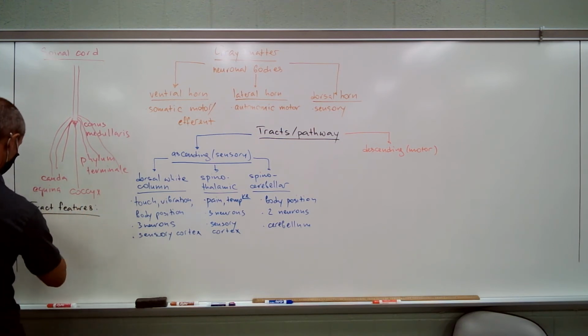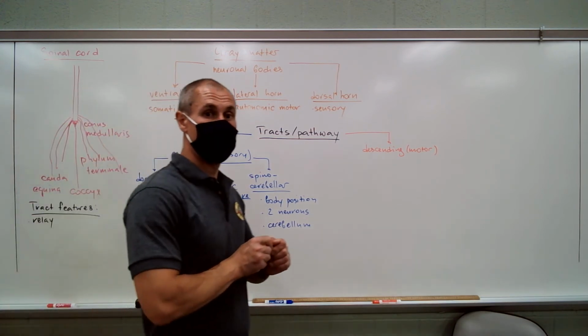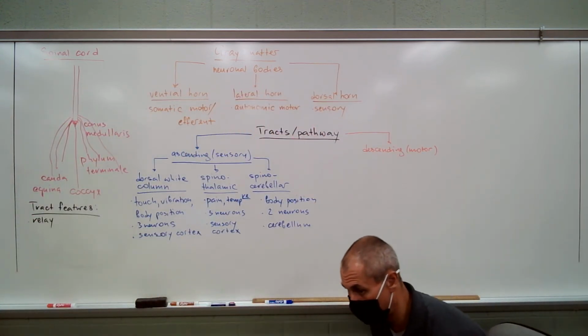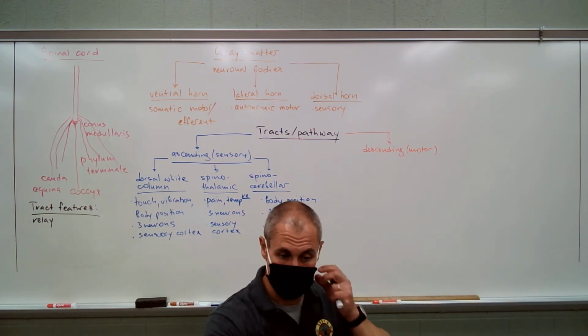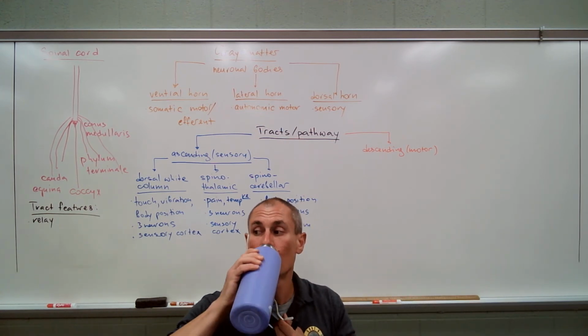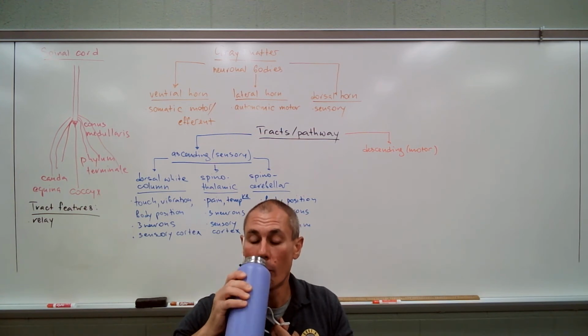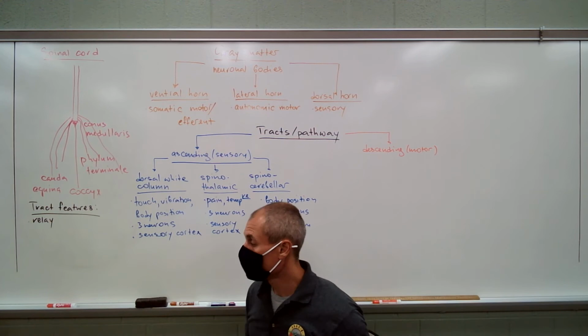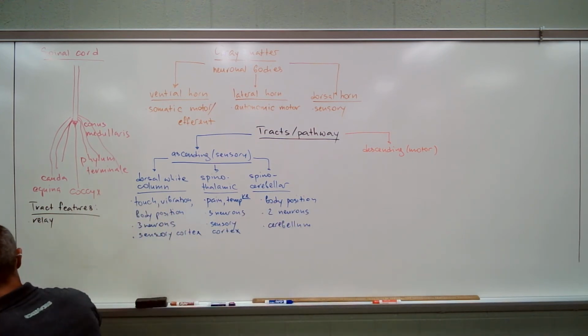So this is one of the common principles of neuronal tracts, which is relay. All of them, including descending tracts, use the relay principle. Second important feature, they're symmetrical.